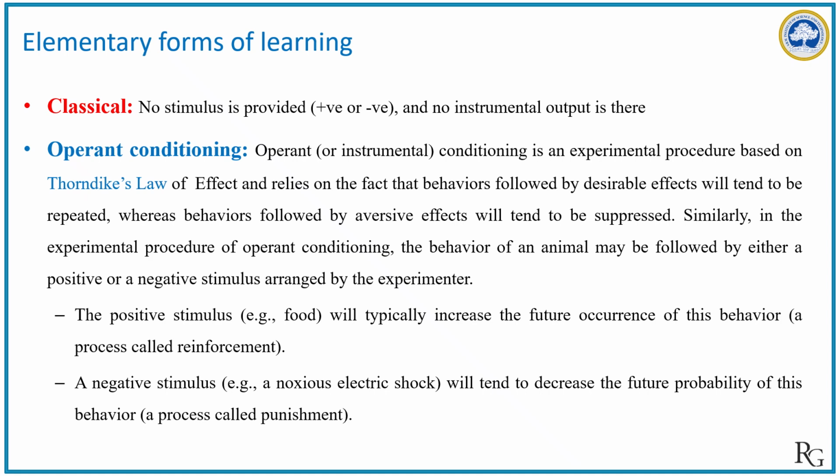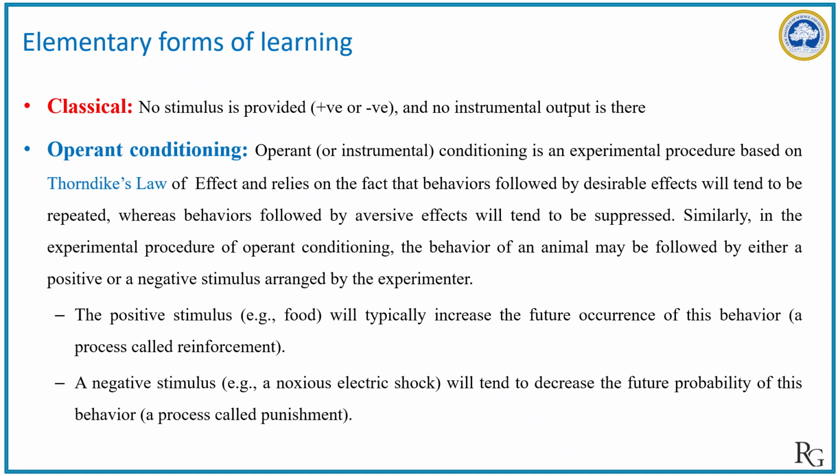So for example, a positive stimulus can be giving the food, and it increases the likelihood that the behavior will happen again. This is called reinforcement. And in case of a negative stimulus, such as a mild electric shock, it decreases the likelihood that the behavior will be repeated. And this is called punishment. So let's say we take the example of a rat in the Skinner box.